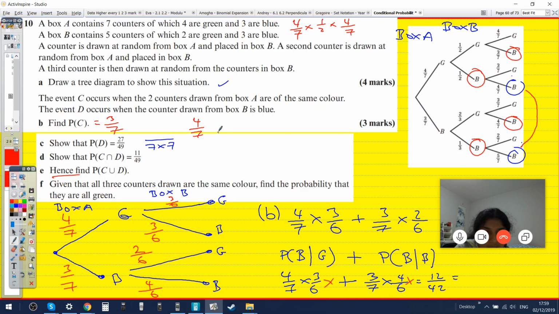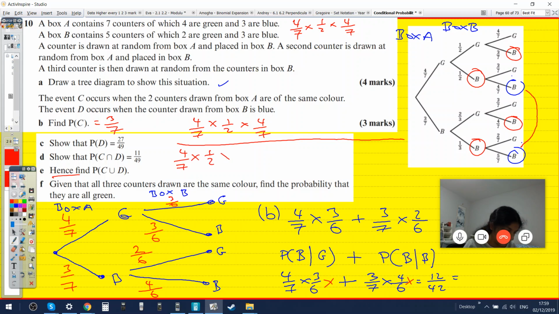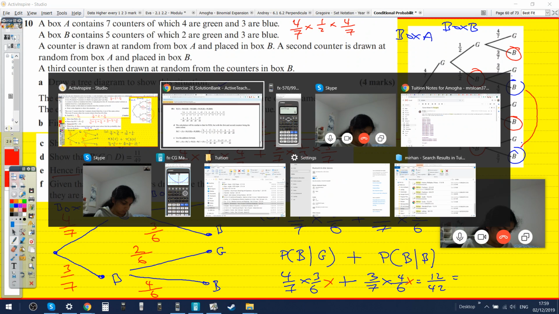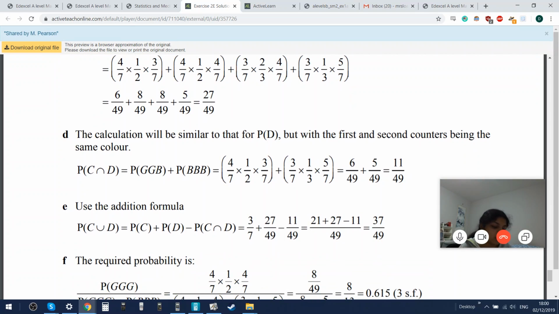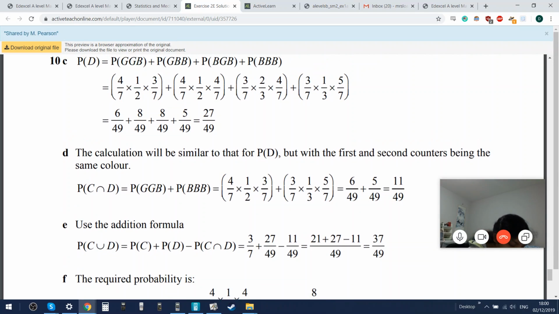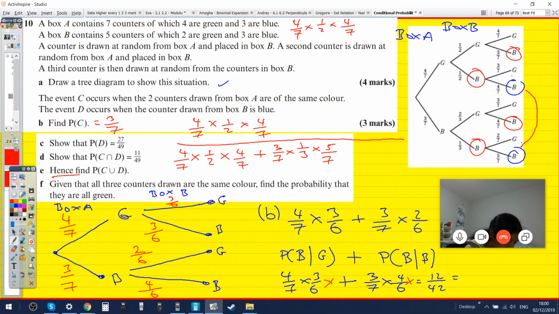Okay. And then you have to find the probability that all three counters drawn are the same color, which is 8 over 49 plus 3 over 7, which is 13 over 49, and then you just do 8 over 49 divided by 13 over 49.